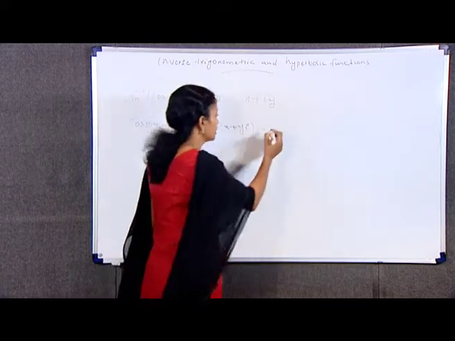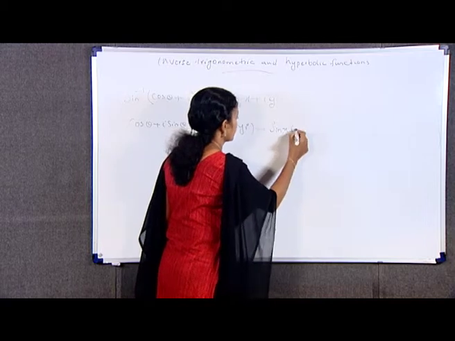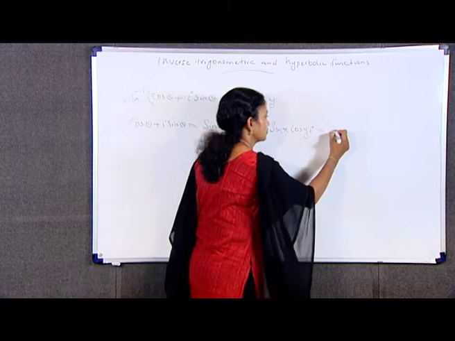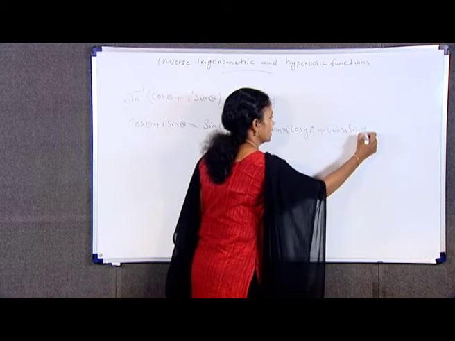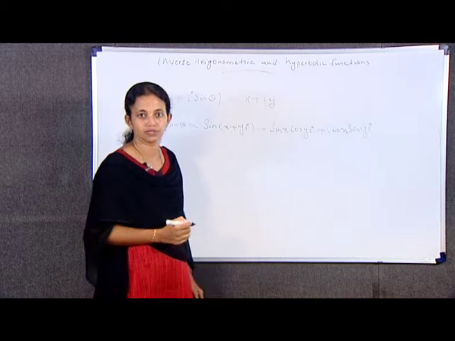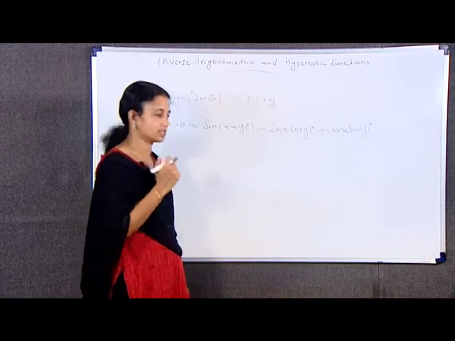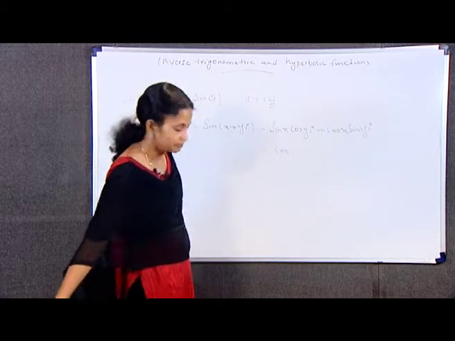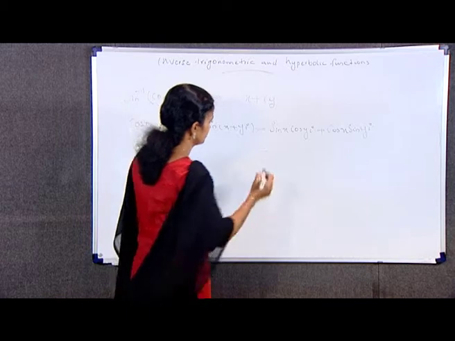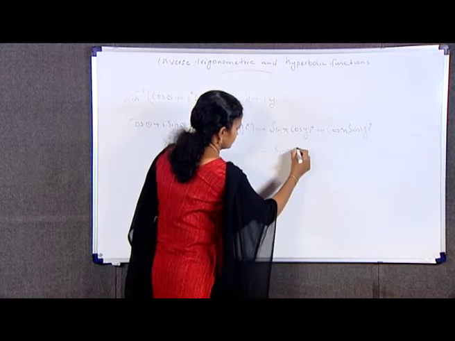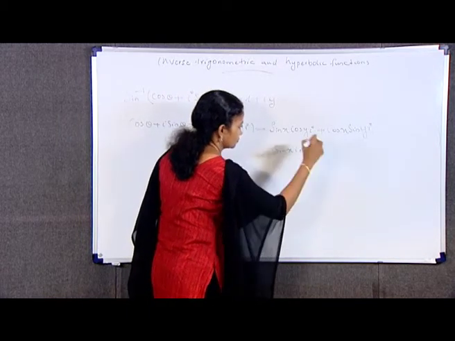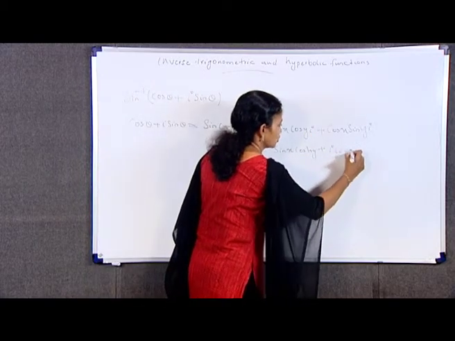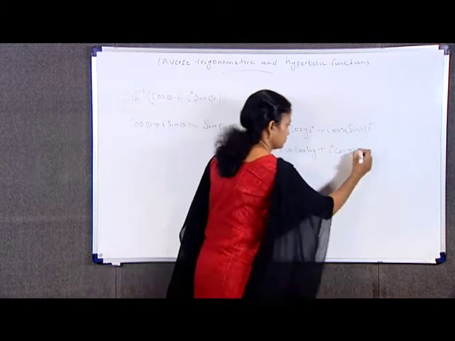in the sin a plus b form. It is sin x cos iy plus cos x sin iy, which is equal to sin x cos hy plus i cos x sin hy.